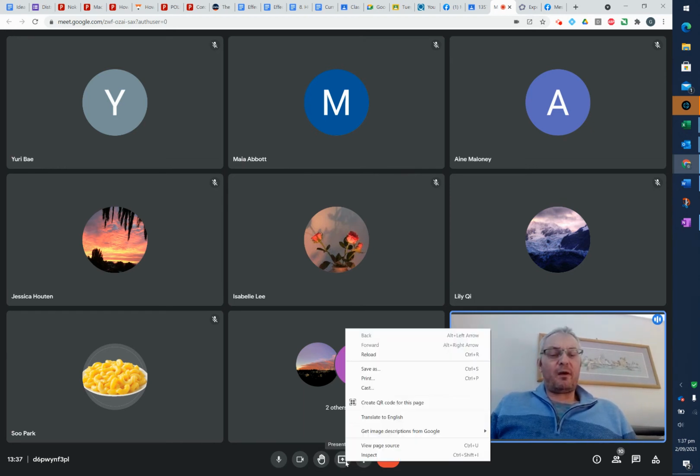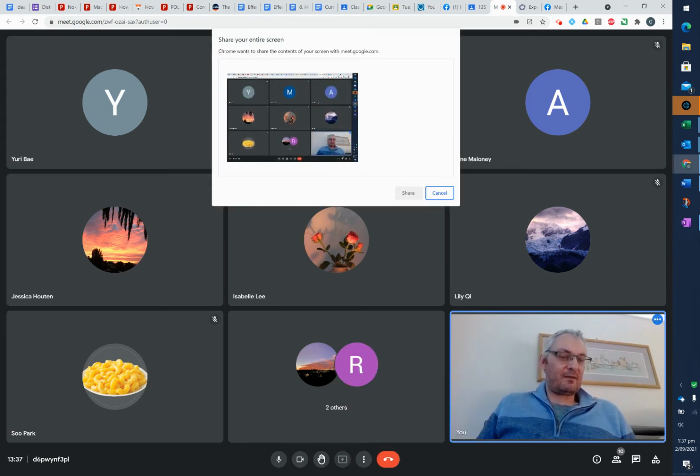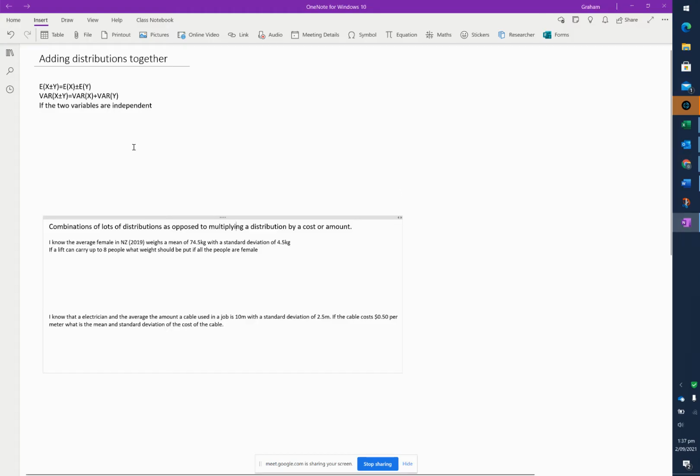So what I want to look at now is what happens when I'm adding different distributions together. When I was adding constants or multiplying constants, we knew that when you added a constant, it added onto the mean.